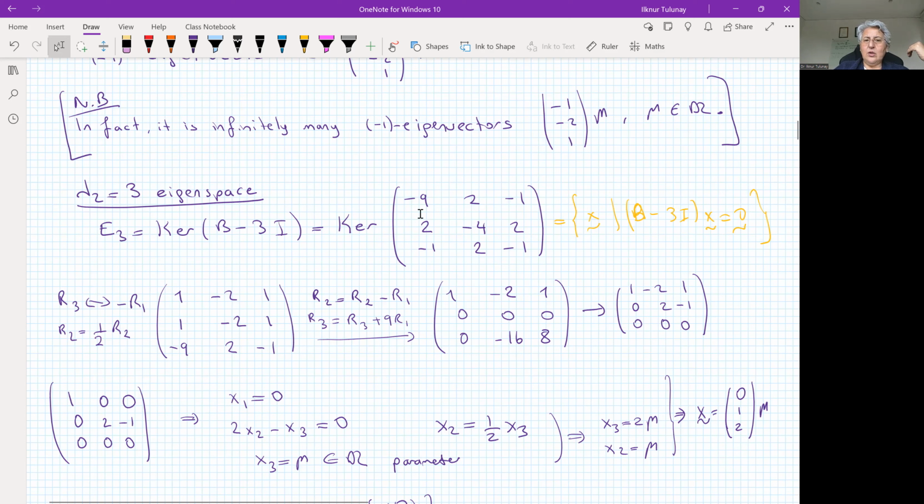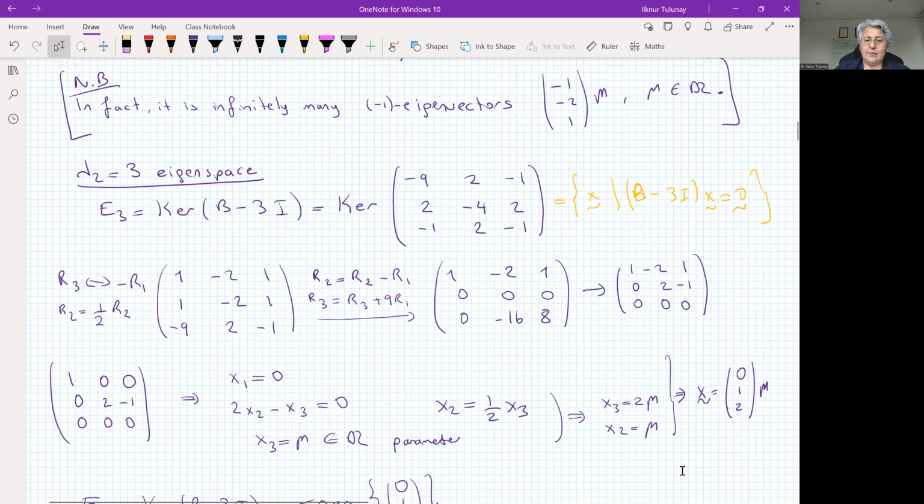So the solution space for the 3 eigenspace is all of these vectors when mu is running through -infinity to +infinity. So this is the solution space, and this vector here is the basis of that solution space.